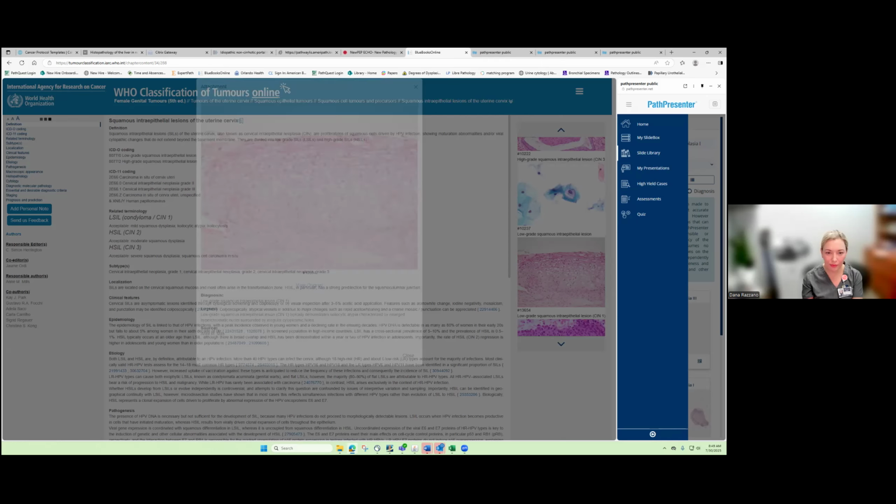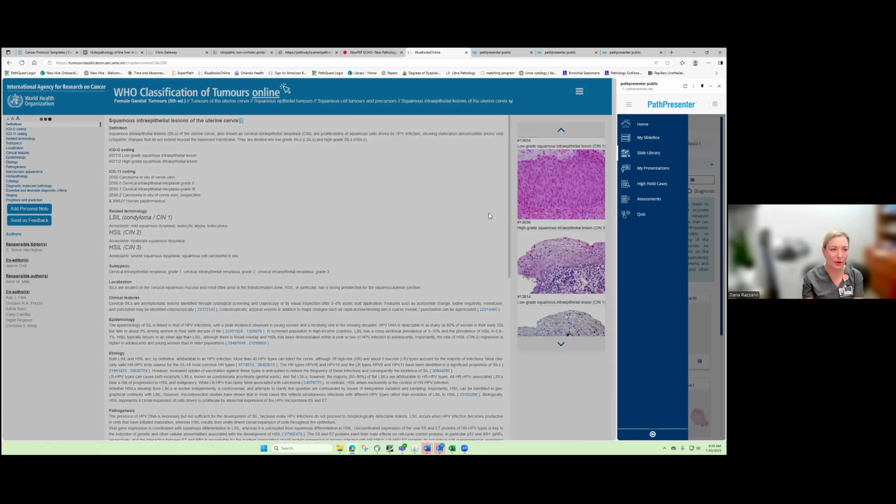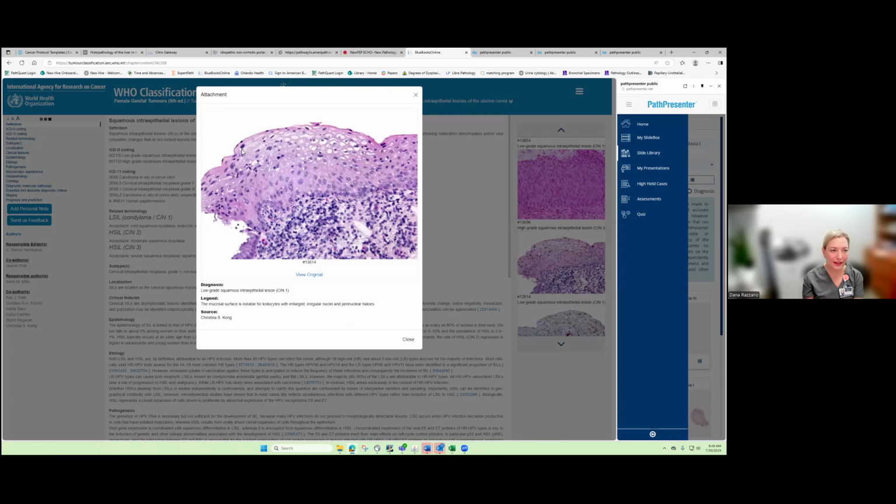This one, you should never be seeing a nucleus this dark, this big, with irregular nuclear contour. It shouldn't be living all the way up to this surface, right? If you're going to see a bigger nucleus, it should be way down here in the basal layer. The paranuclear halos can be pretty tricky because of glycogen in the cervix. So be careful with that.